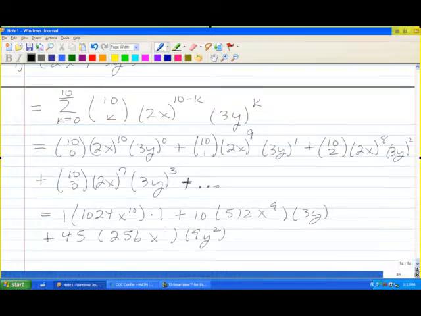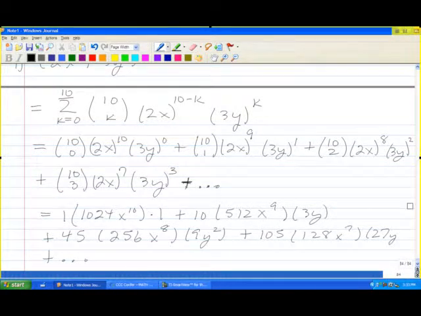Hopefully people are checking these because I'm just sort of doing it in my head. Plus 10C3, 128 x to the 7 and 27y cubed.